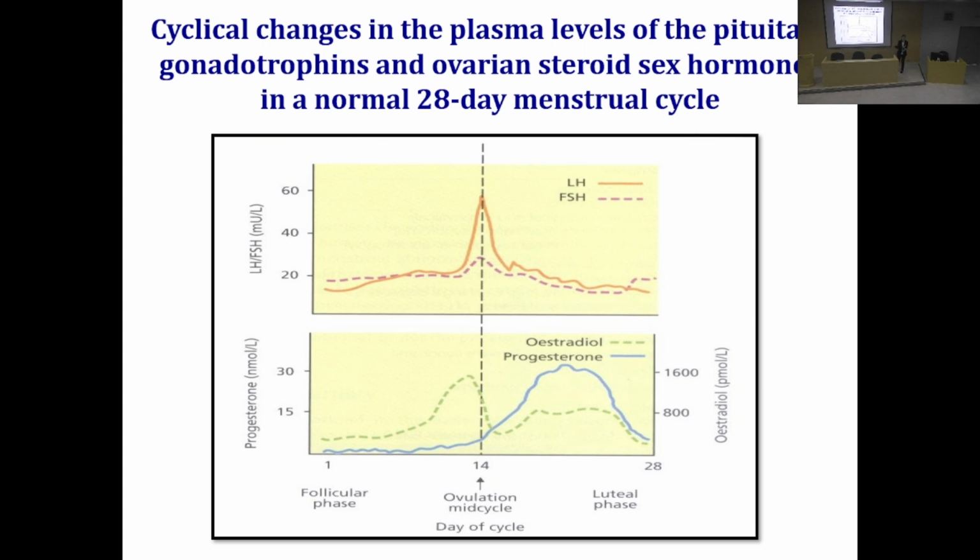High take-home message: if I wanted to design a test that will detect ovulation, this test should be able to detect which hormone from those that are here? LH. Excellent.